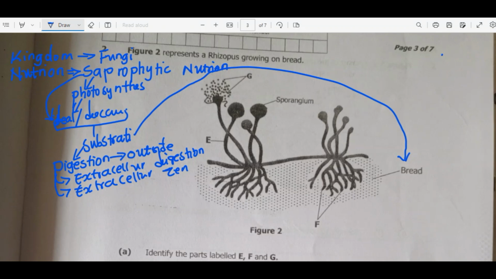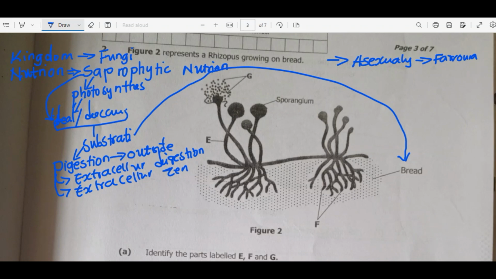How do rhizopus reproduce? Depending on the conditions available, a rhizopus can reproduce asexually. When can it reproduce asexually? It is when the conditions are favorable. Conditions are favorable whenever the temperature is hot.